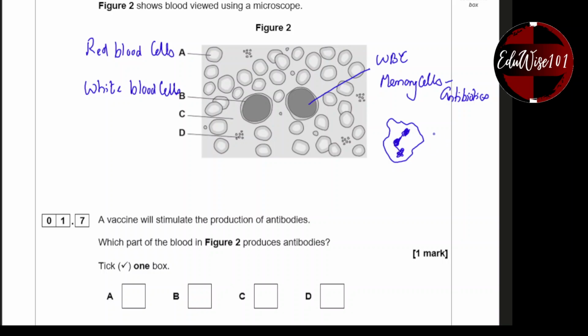Right? These are phagocytes, which are responsible for engulfing bacteria. C is plasma. D would be platelets. So which part of the blood will produce antibodies? That would be B.